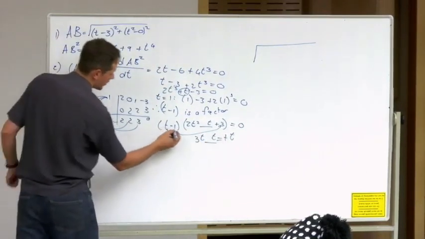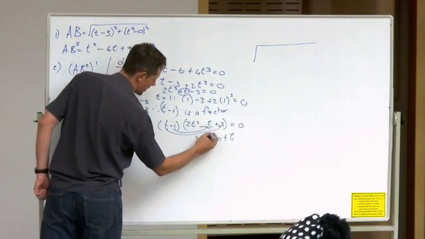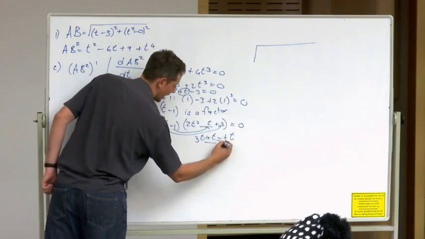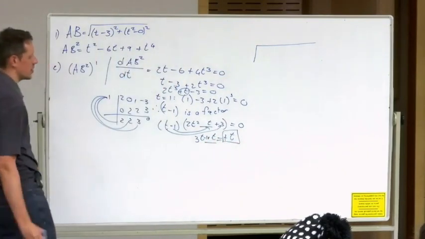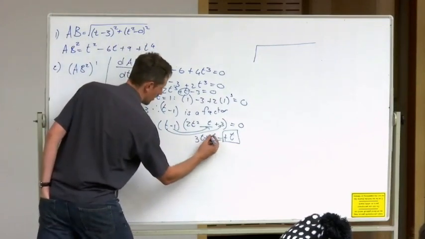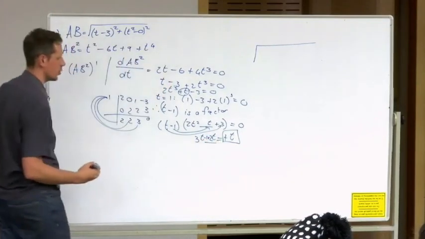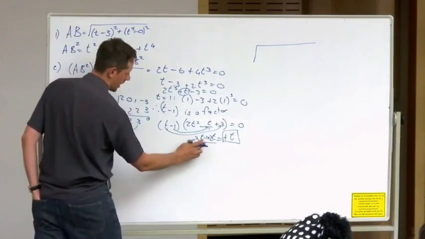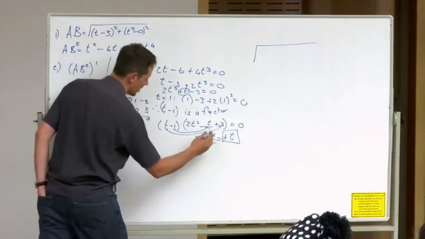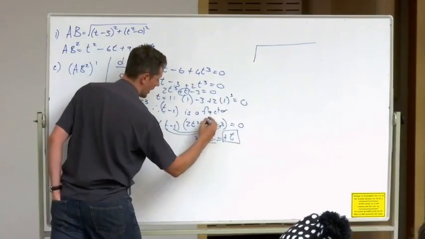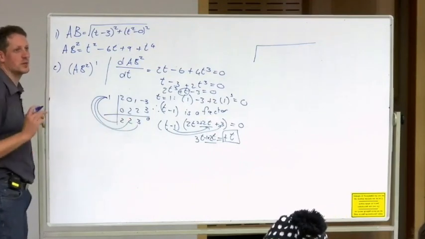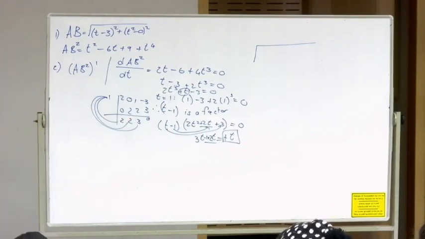And the other one is going to give me negative 1 times something. And I need this to add up to positive t. So I know this has to be a 2, because 3t minus 2t gives me plus t. So I know this has to be a plus 2t, which I get from here in any case. Okay?